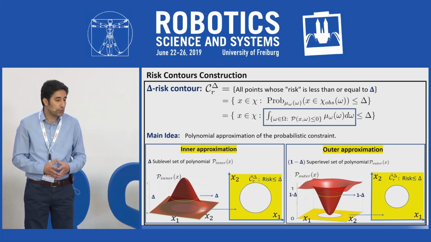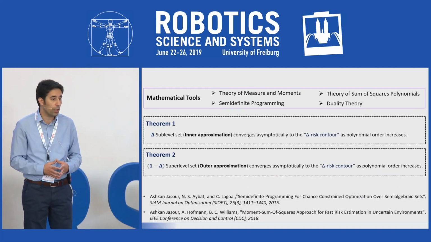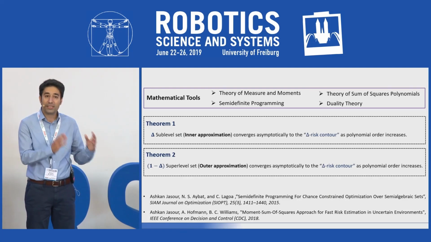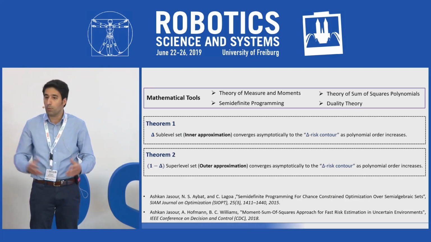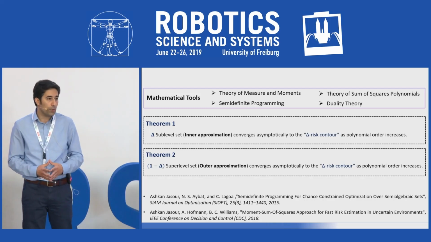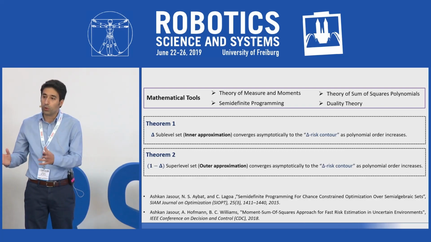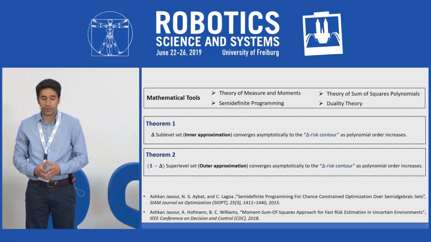To find such polynomials, we are going to leverage theory of measures, theory of moments, and also theory of sum of squares polynomials. And we are going to provide a convex optimization in the form of a semi-definite program to construct such polynomials. We also show that as the order of polynomials increases, these inner and outer approximations converge to the true delta risk contours of the problems.